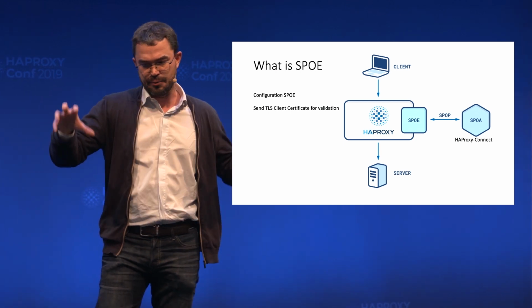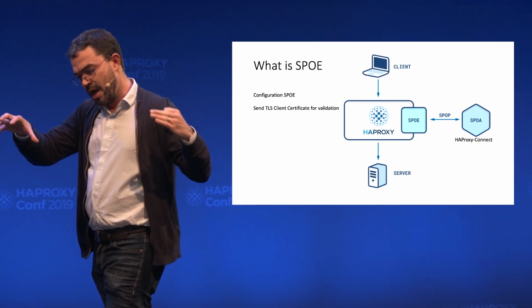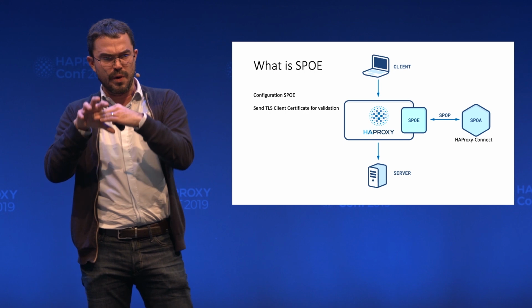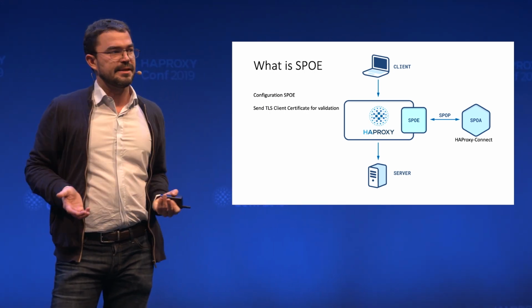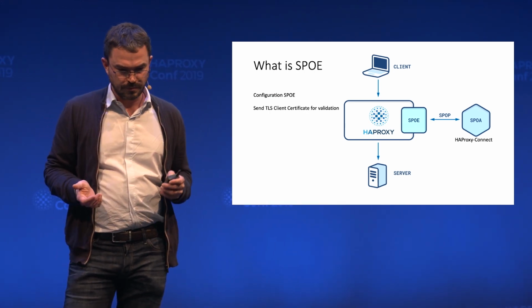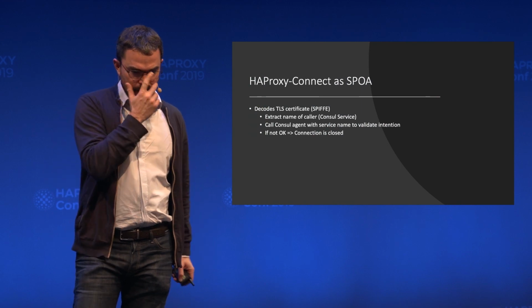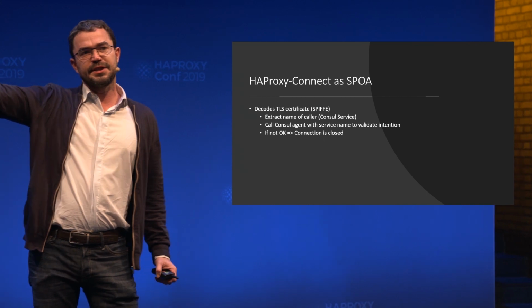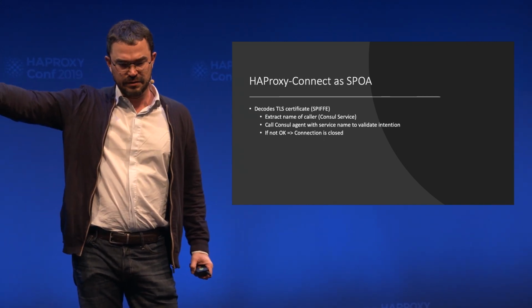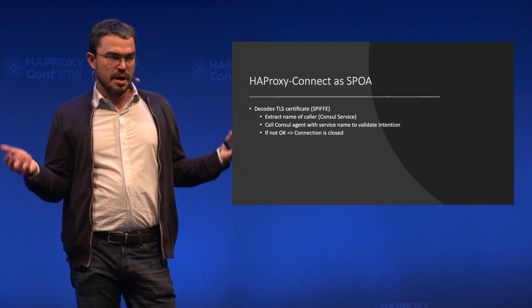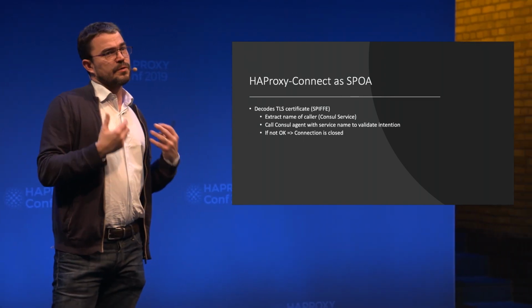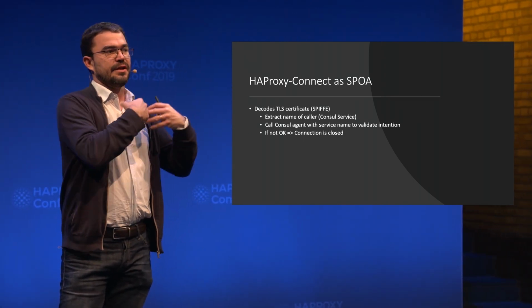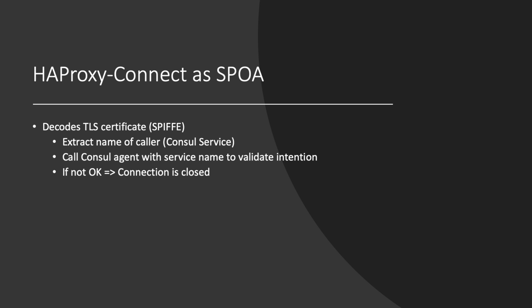So it's basically receiving requests from HAProxy to validate whether the incoming request is authorized or not. In order to do that, it decodes the certificate from the client, extracts the name of the caller, and performs a call to Consul to validate that the intention has been properly set for this service. And if it's not OK, it's basically closing the connection.